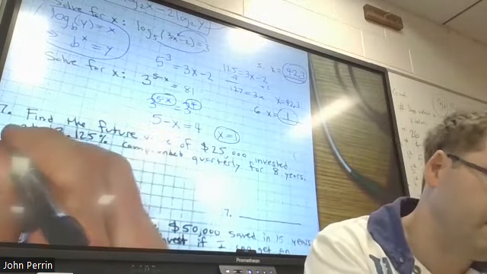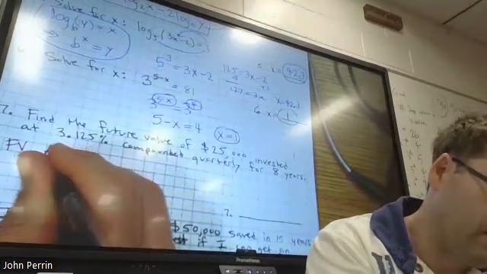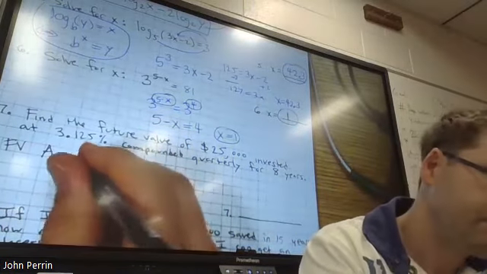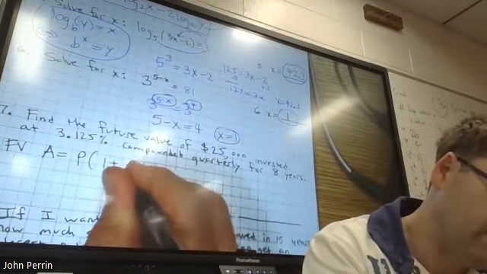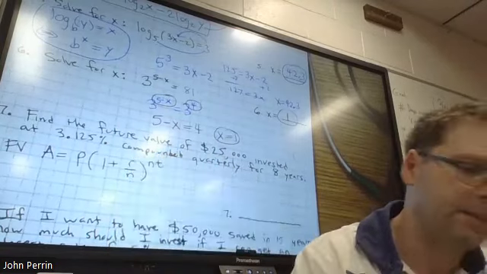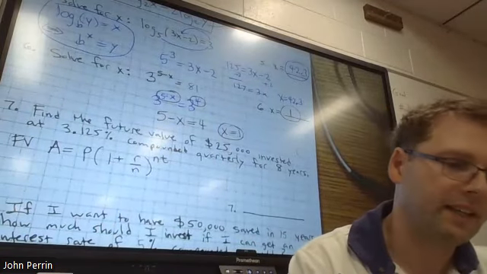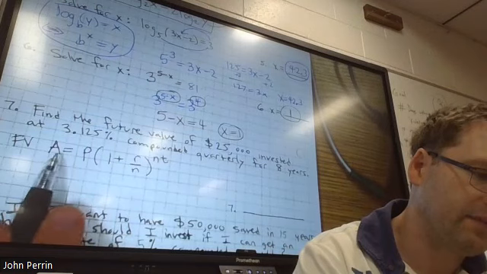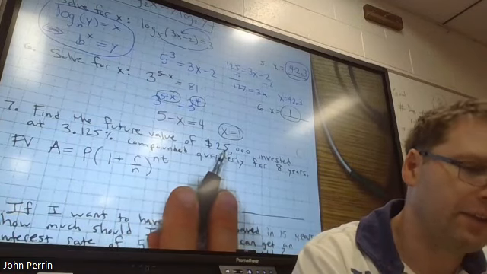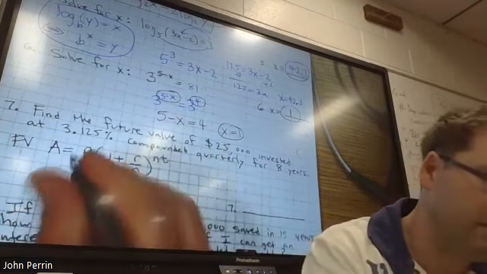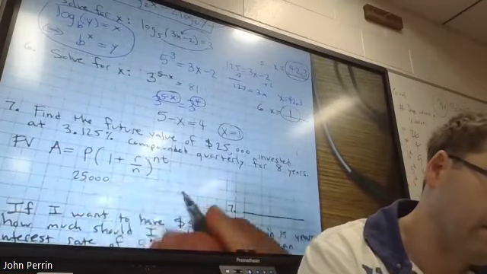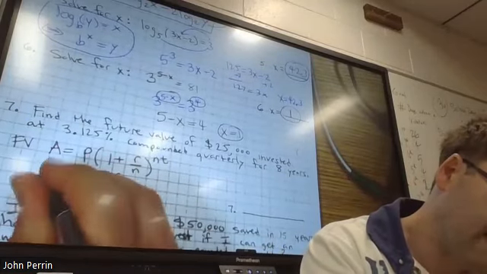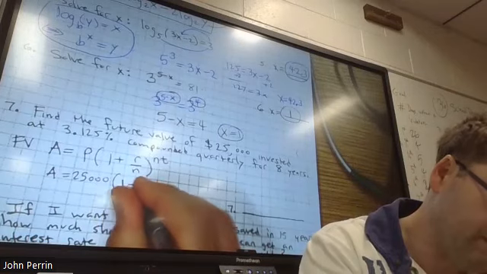And on that formula sheet, you'll find the future value, which is often called A, equals P times 1 plus r over n, to the nt. Let's talk about all these things quickly. 25,000 is our present value. That will go there. A is the future value that we do not know yet.